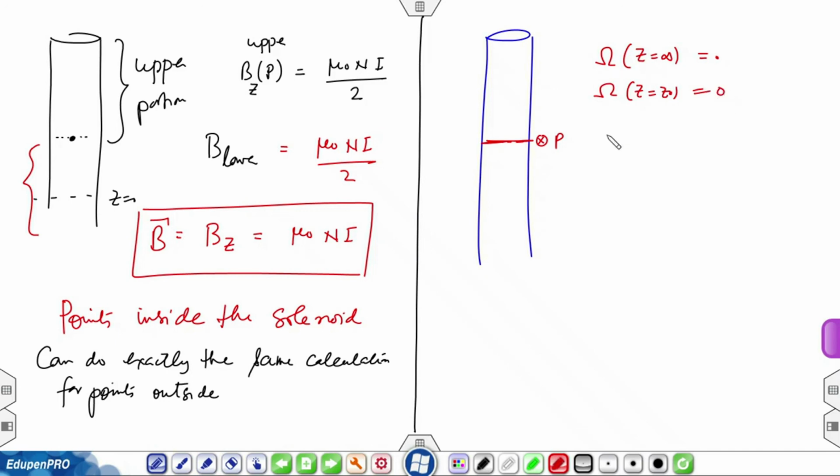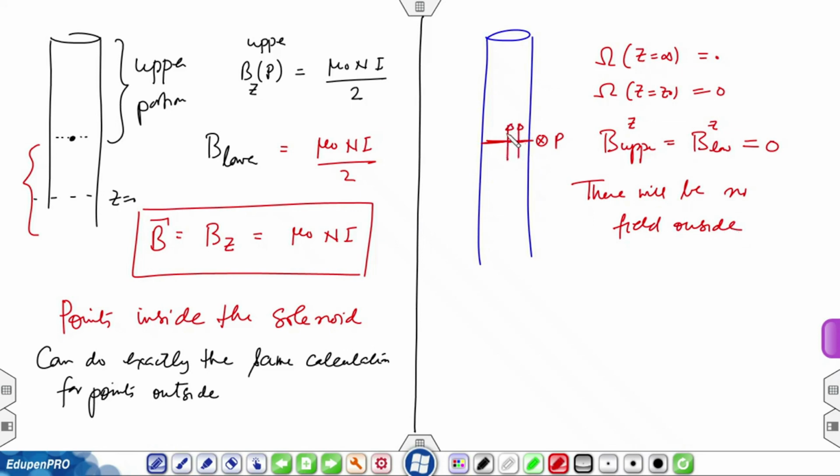So, B upper is equal to B lower z component is equal to 0. So, there will be no field outside. So, we have shown that field inside is in the z direction and there is no field outside.